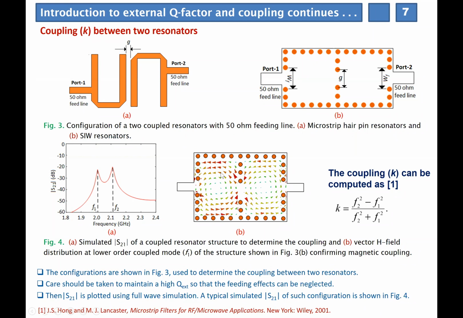So we can plot the variation of coupling with G. G is plotted on the X axis and coupling on the Y axis. So this is our second job.